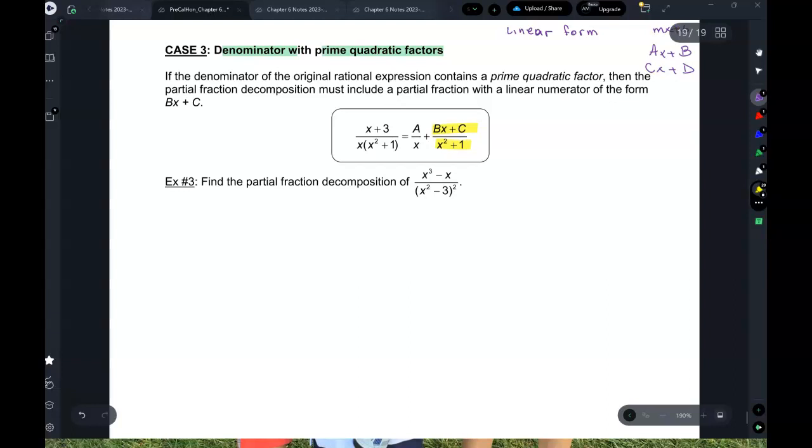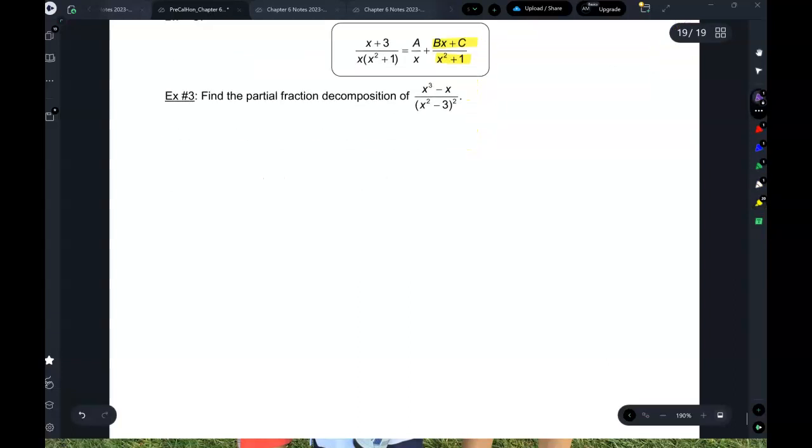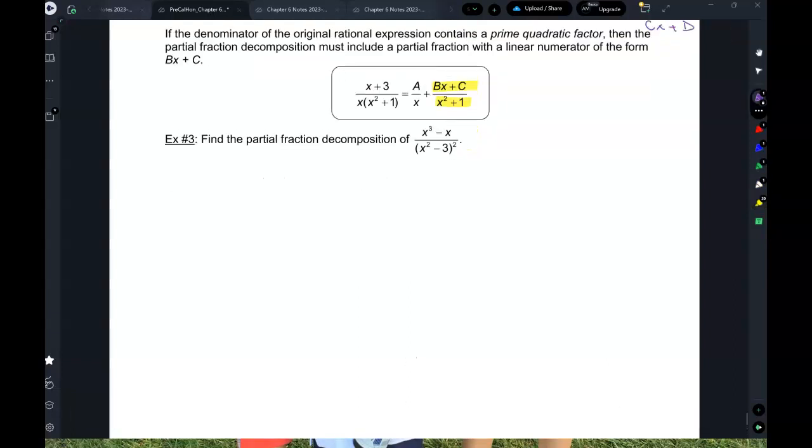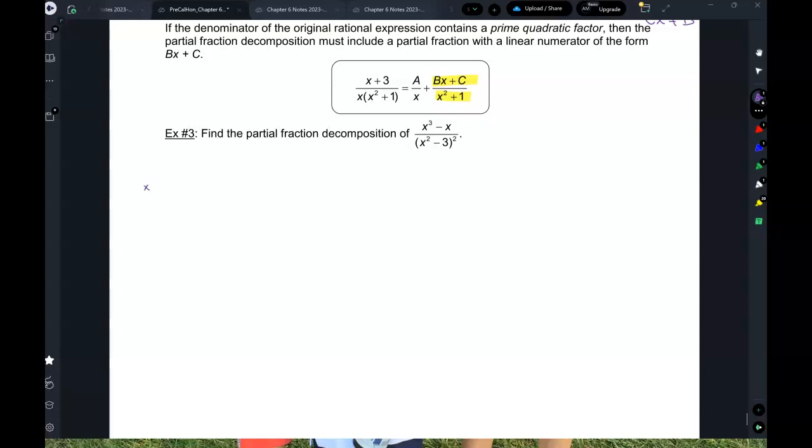Okay, so let's take a look at this one. Oh, last problem of the chapter. All right, so x cubed minus x over (x squared minus 3) squared. Okay, there's nothing to factor here. There is a term that has a square, so I'm going to get two fractions.